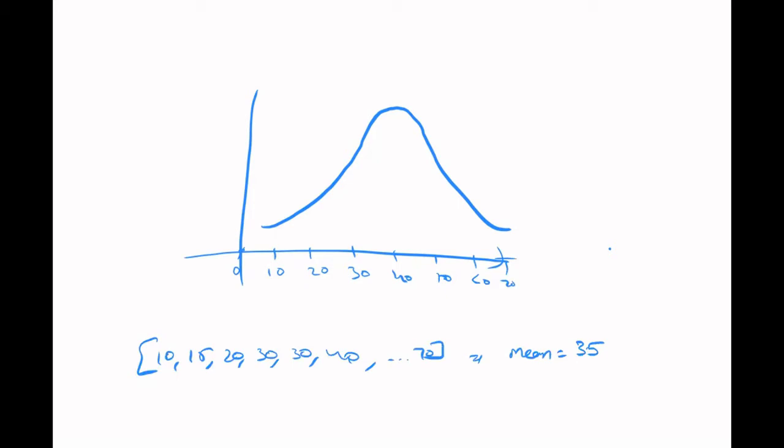So let us say you have a mean of 35, which was here. So you have your mean here. But if you take the middle value, you can see that most of your values are towards this side.